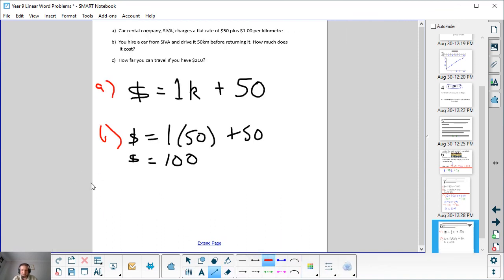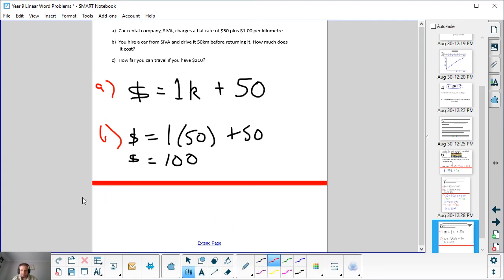I don't think there's any reason why people shouldn't be trying the part C of each question though, because you guys know how to solve equations and the two steps are always the same. Right, this time we've got to put the $210 at the front. They're asking us how far can I travel with 210 bucks? Right, with my rule being $1 per kilometer plus 50.